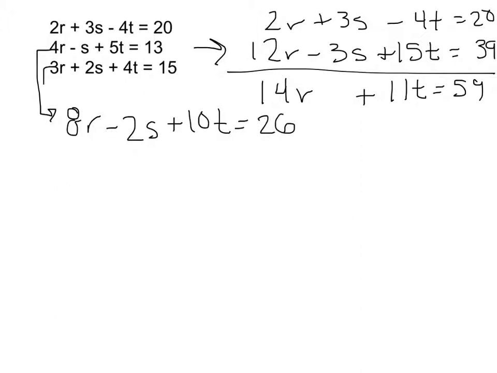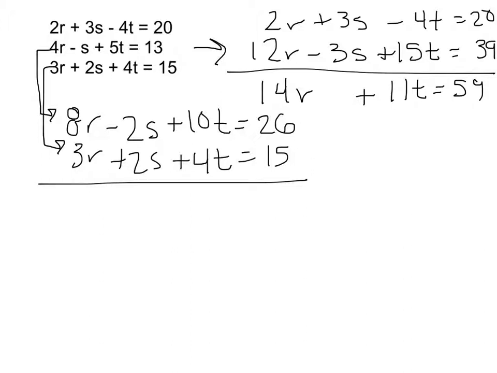And then I'm going to use my third equation and add it to that, 3r plus 2s plus 4t equals 15, and I'm going to add these two equations together. So I'm going to get 11r plus 14t equals 41. Now I have two equations that have just an r and a t in them.